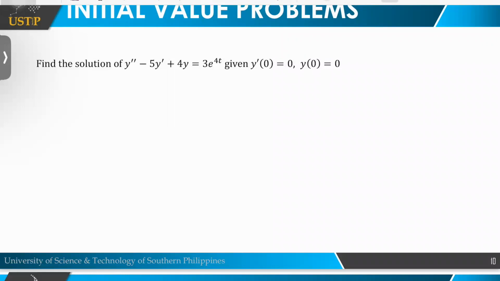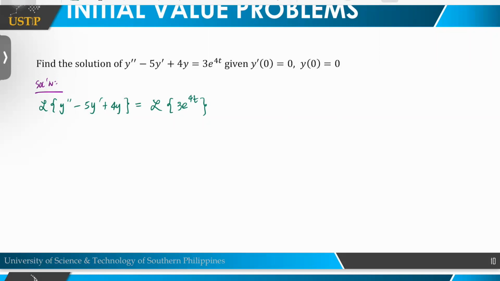All right, first step is again we need to get the Laplace transform of both sides. So let's get the transform of each side, class, that is y double prime, and then the Laplace transform on the right side. All right.